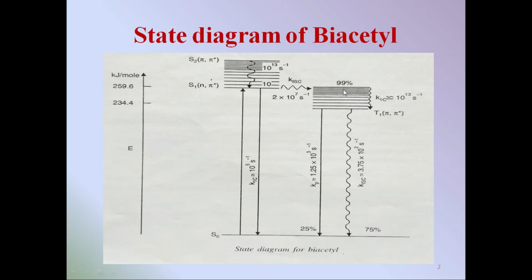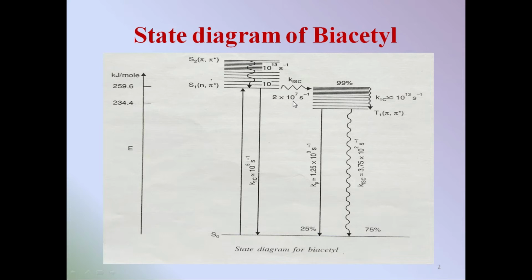Here we assumed that the transition of S1 to S0 does not take place. Actually it involves vibrational transition. The rate constant for this intersystem crossing, KISC, is 2 into 10 raised to 7 per second, and we have already seen intersystem crossing takes more time.